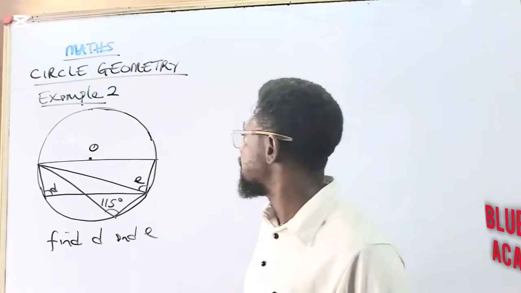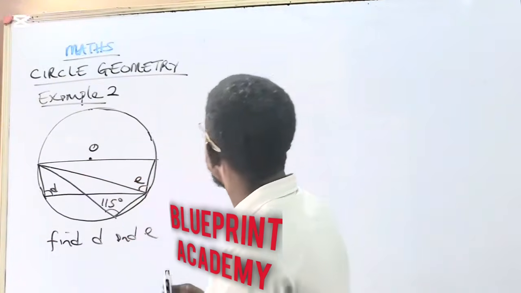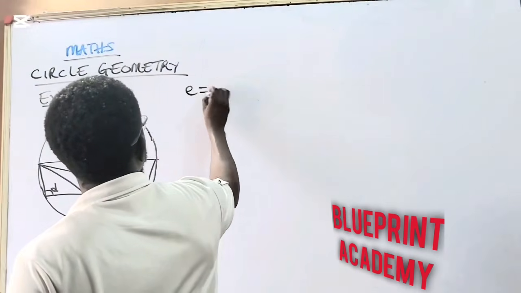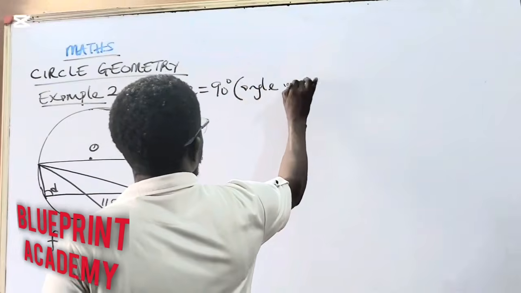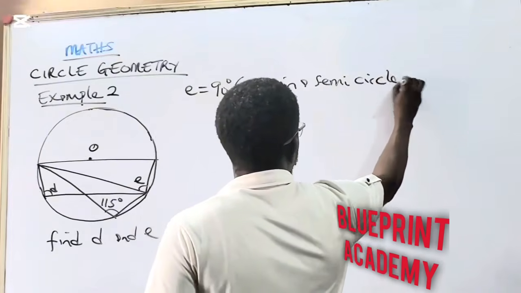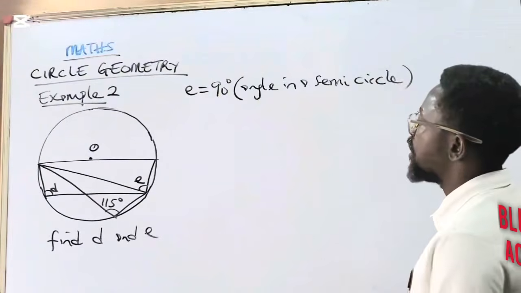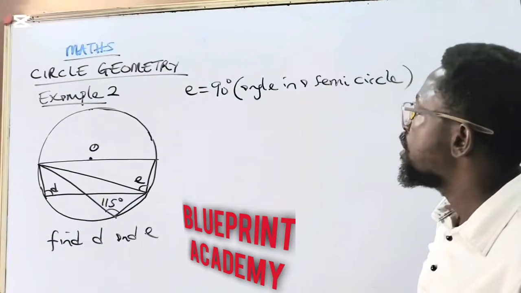So this particular angle E will be equal to 90 degrees. Angle in a semicircle is a right angle, so that one is 90 degrees.